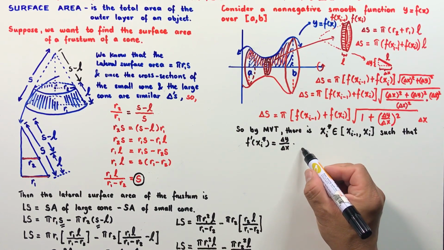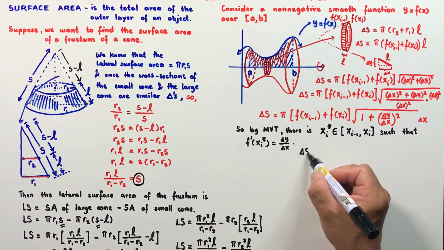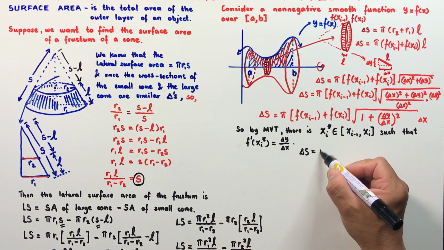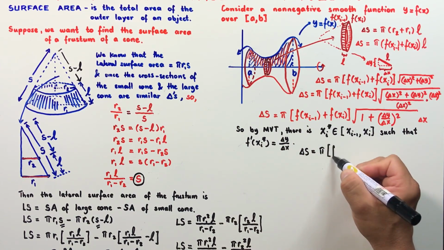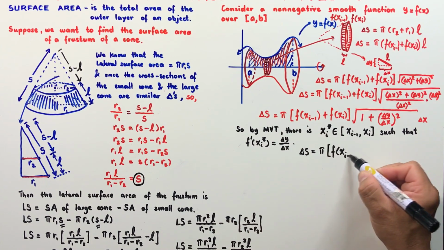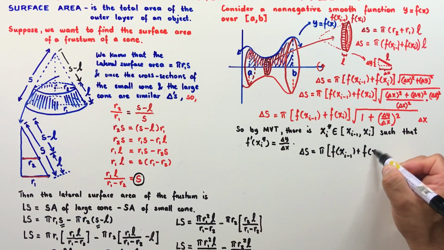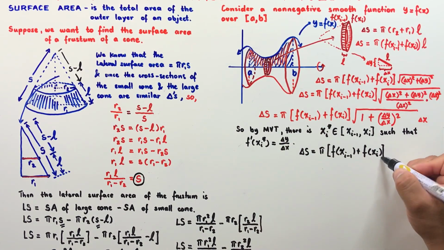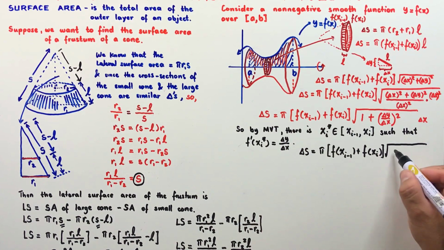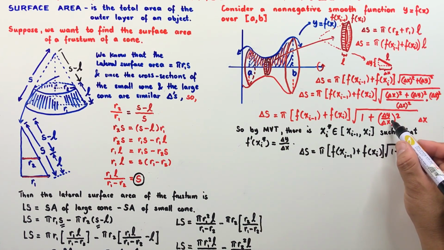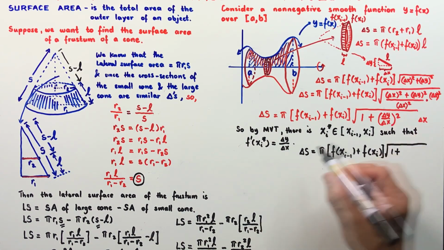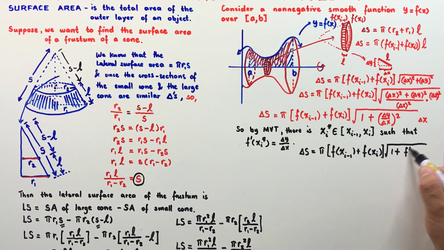So our formula, which is the delta S, can be written as pi times f of x sub i minus 1 plus f of x sub i, which will be multiplied by the square root of 1 plus this one. I can replace this delta y over delta x by this one. So we have f prime of x sub i asterisk quantity squared delta x.